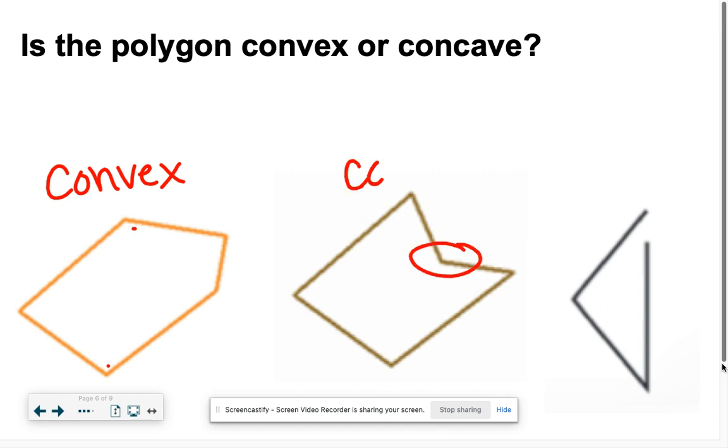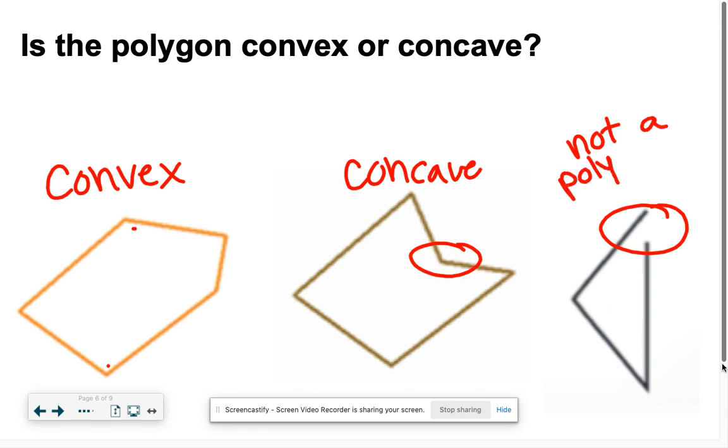So that would be concave. And this last one's kind of a trick question. It's not even a polygon because it's open. So it's not a polygon. Not a polygon. It's open. And I know you guys have seen that before because I think we've had these exact same examples, honestly, in our notes.